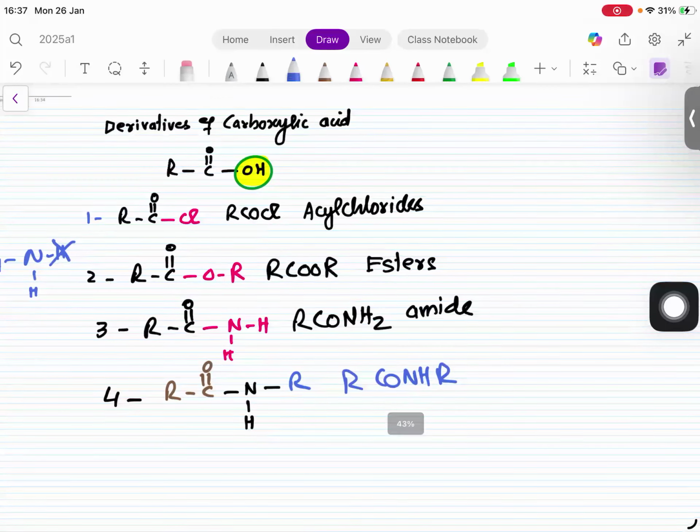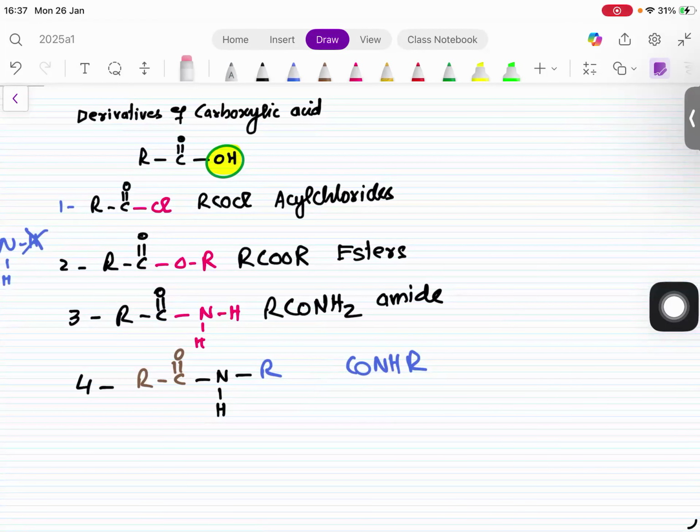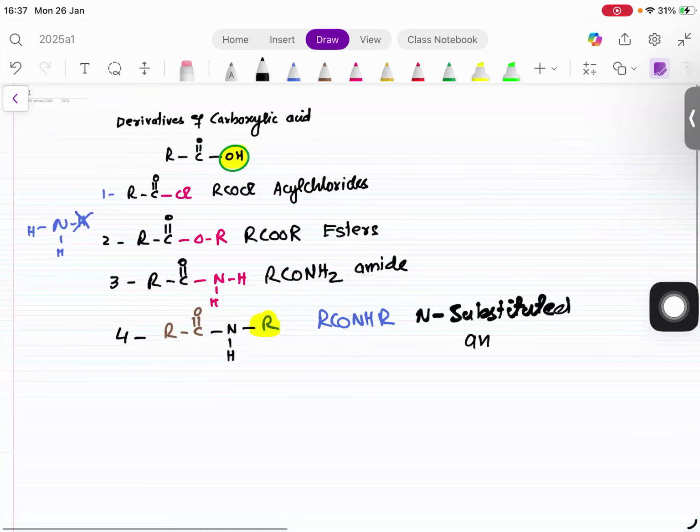This is actually the same functional group, amide, but the only difference is that the amide's nitrogen has been substituted with another carbon chain. So therefore you call it nitrogen substituted amide. Okay, is it clear?